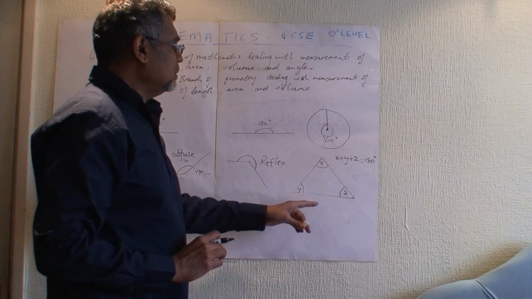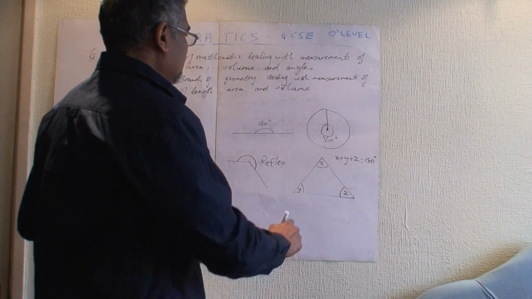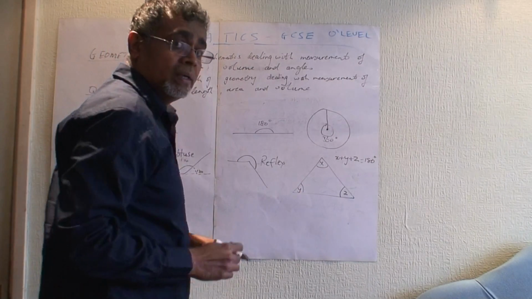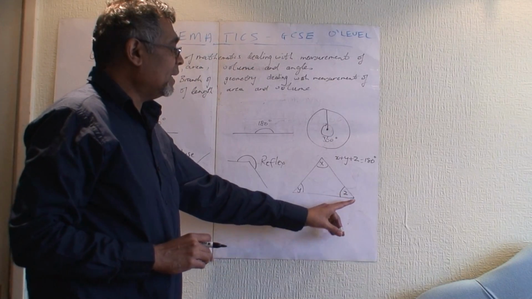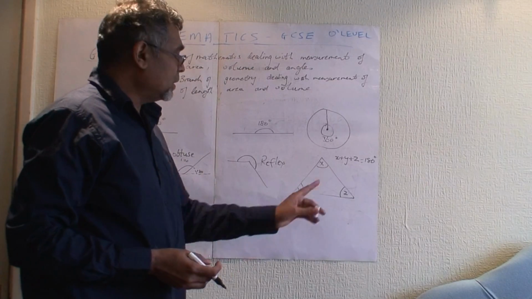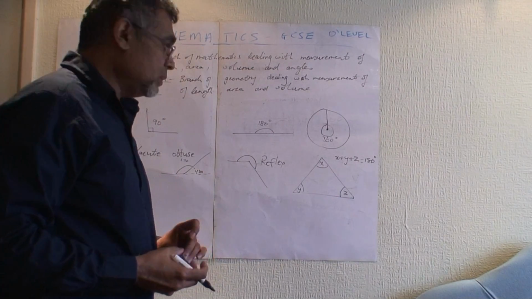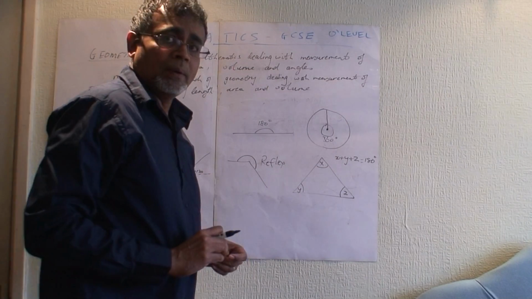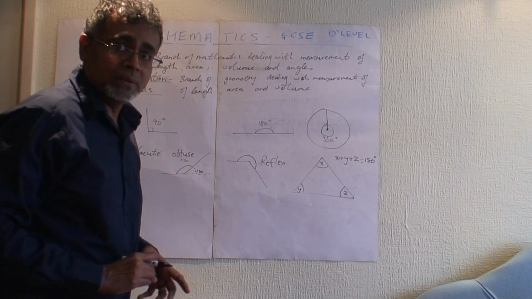Sometimes you may be given a question where you know the size of this angle and that angle, but you don't know this one. Basically, you add the angles that you know and subtract from 180, and that will give you the angle of X. That is a property of triangles: the sum of the interior angles always equals 180 degrees.